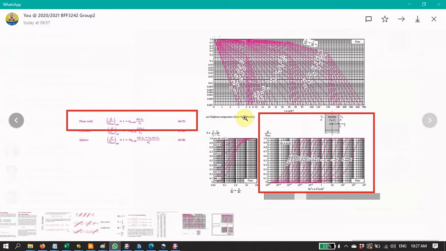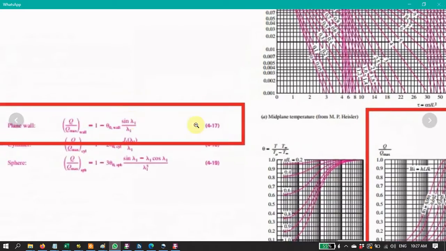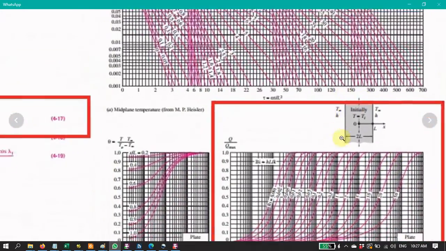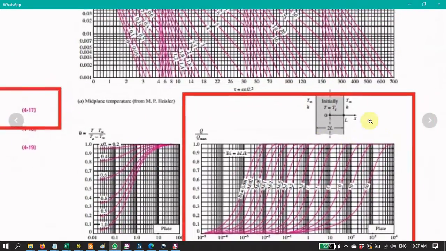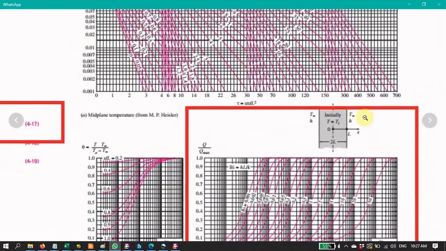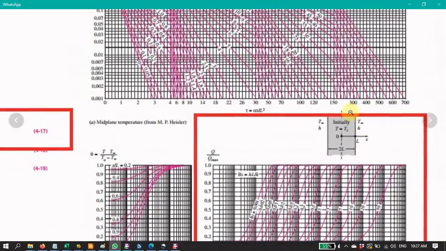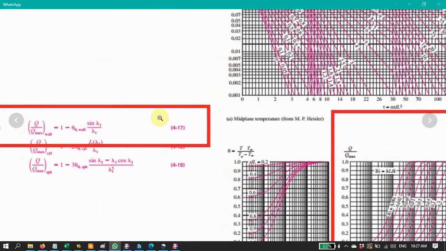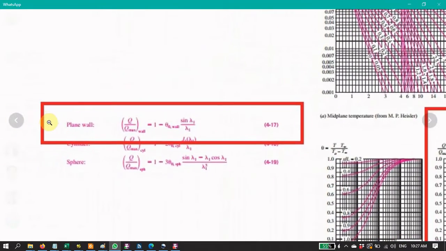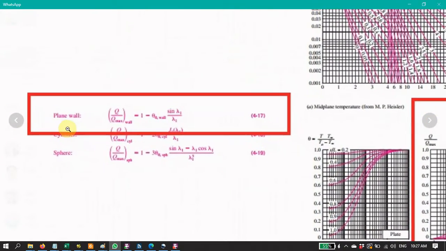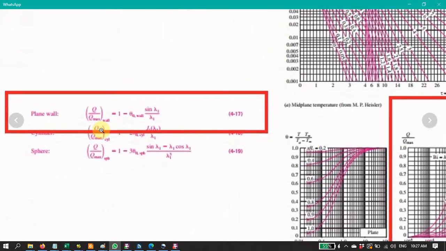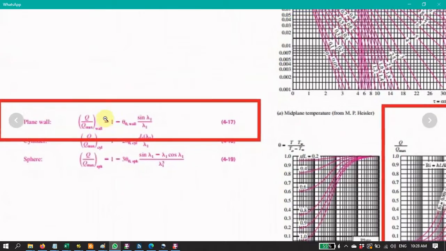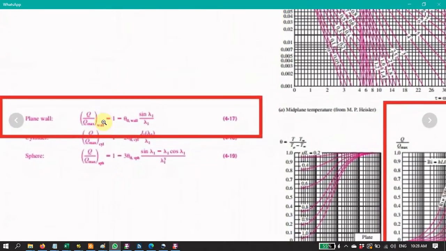Now, finally, we look at how we can calculate the amount of heat transferred in the system. I just use the plane wall as an example. So you have an equation for a large plane wall, equation 4.17. We can find the ratio of the amount of heat that has been transferred into the system.